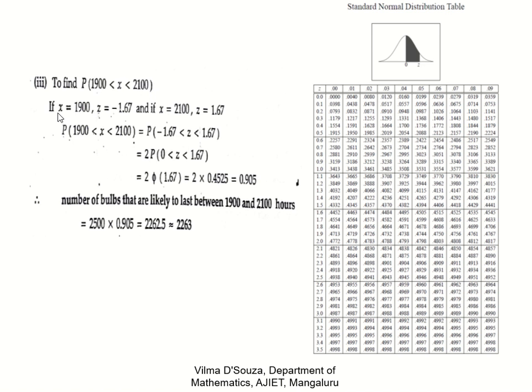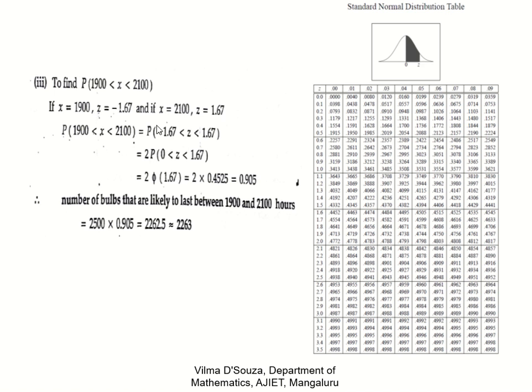So now if x is equal to 1900, what is z? You calculate. X minus mu by sigma you have. So when x is 1900, your z will be minus 1.67. Verify this. And when x is 2100, z is 1.67.